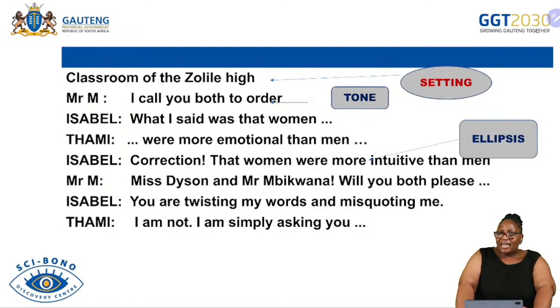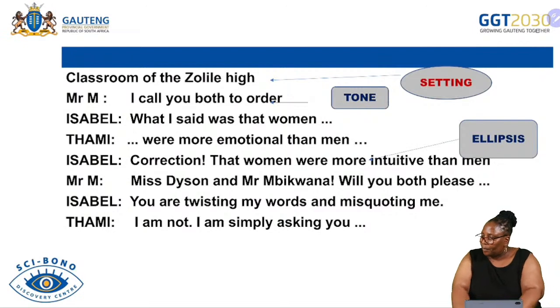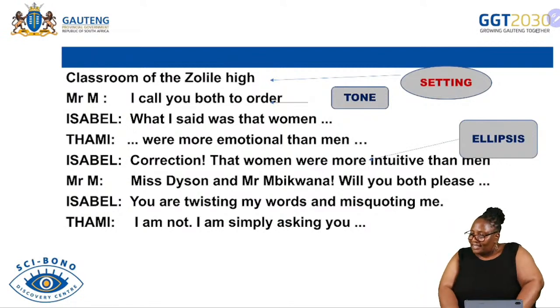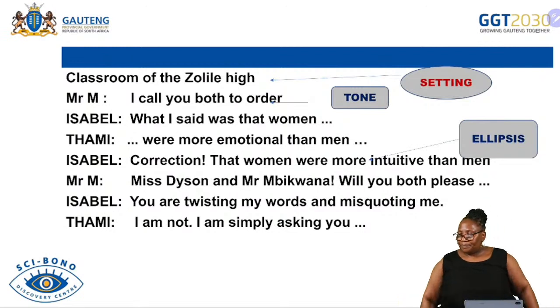Let's go back to the extract, to where we have read. It is a classroom of Zolile High. Mr. M is at a table with Tammy and Isabel on either side of him.